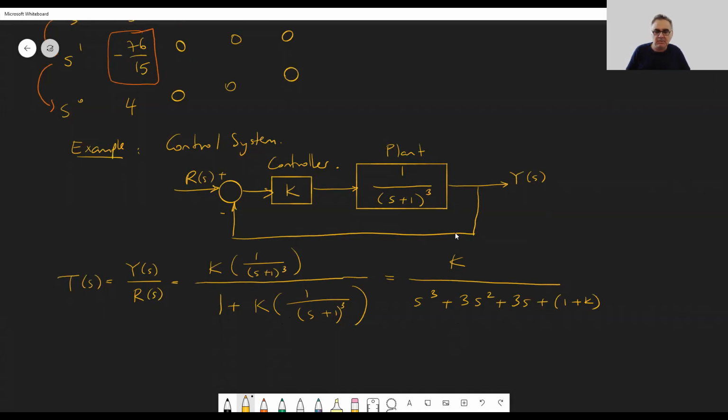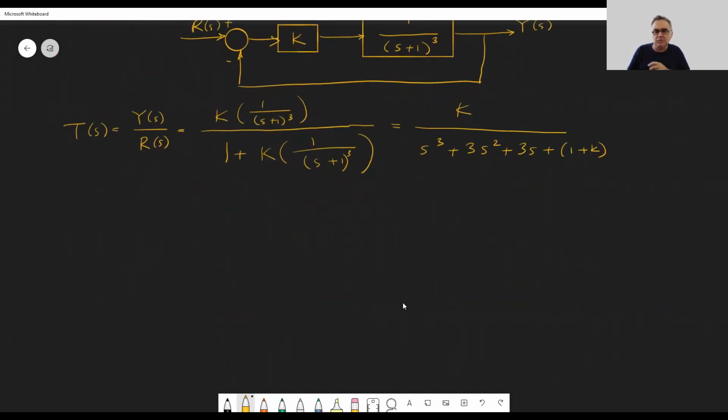So the denominator of our closed loop transfer function is s cubed plus 3s squared plus 3s plus 1 plus k. K is a variable parameter. It can change, and we can change it.